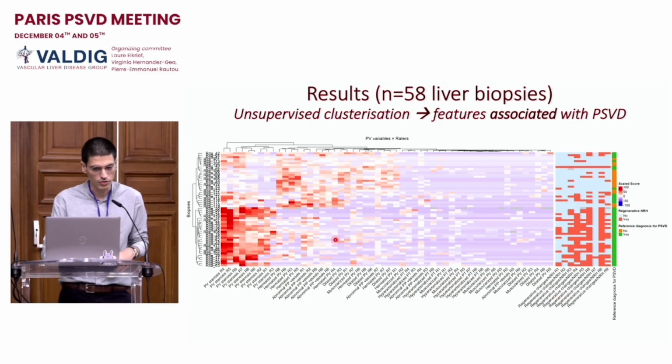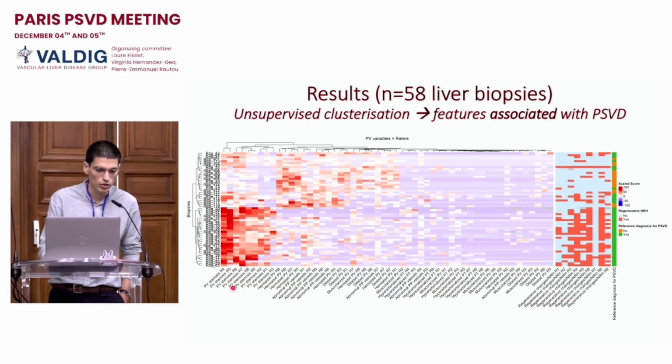So it's an unsupervised clusterization. Each row is a biopsy or case, and each column is one feature assessed by one rater. It's unsupervised, and on the extreme right of the graph, you have the reference diagnosis. In green is PSVD, and in orange is non-PSVD.